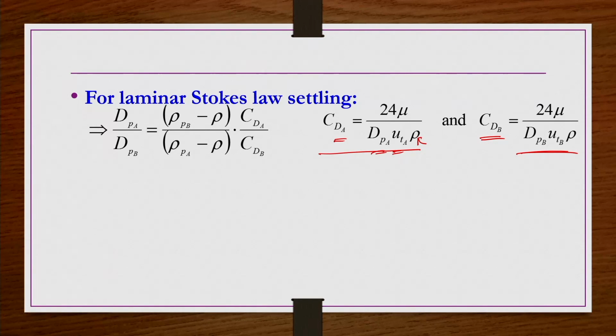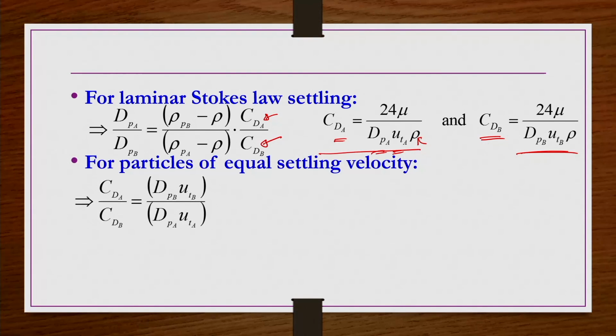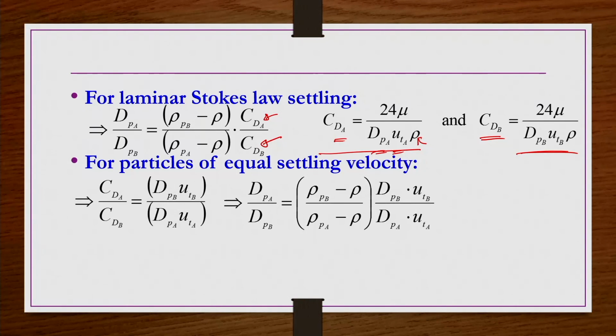So, when you substitute in the generalized expression, dPA by dPB is equal to (rho PB minus rho) CDA divided by (rho PA minus rho) CDB. Here you substitute CDA, here you substitute CDB, and simplify. Then for particles of equal settling velocity, we can have this equation. From here we need CDA by CDB. CDA divided by CDB, if you do, you will get dPB UTB divided by dPA UTA.